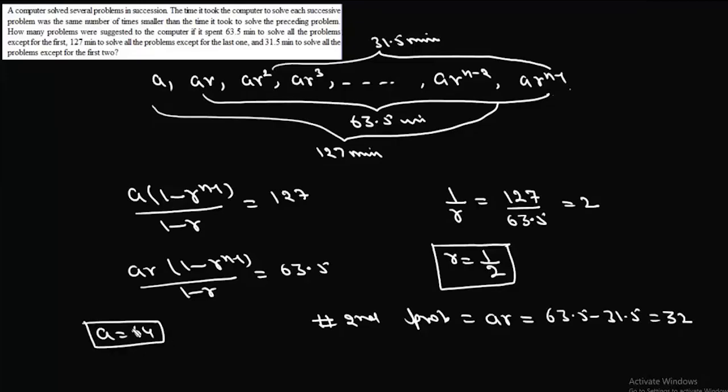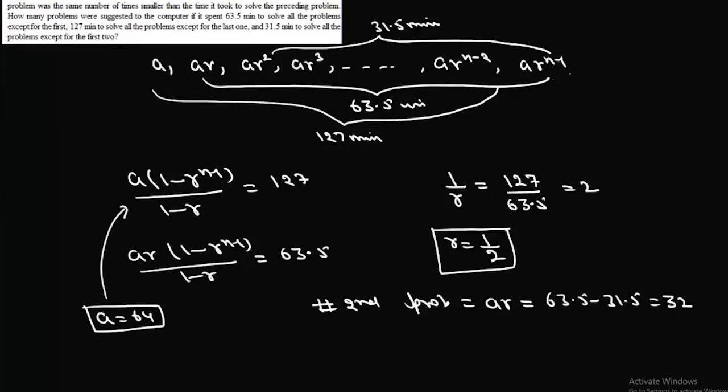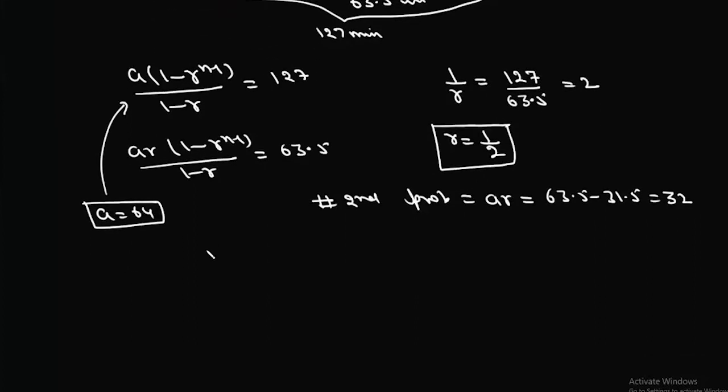So we have a and r. We need to find the value of n. So we put the value of a and r in this equation. So now we can write 64(1 minus 1 upon 2 to the power n) upon 1 minus 1 by 2, and that will be equal to 127.